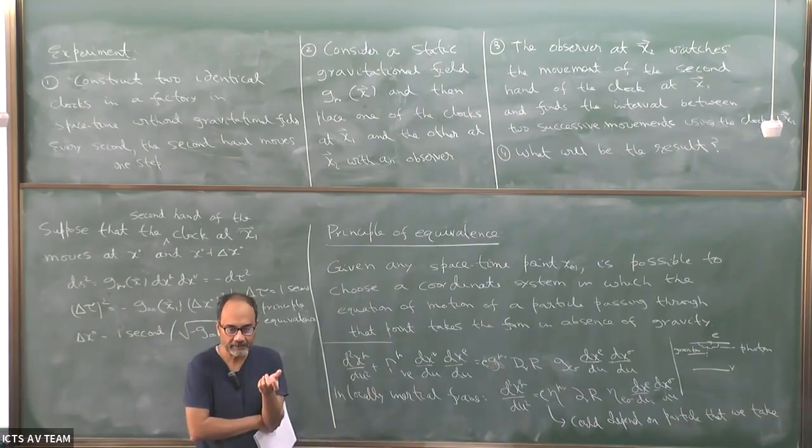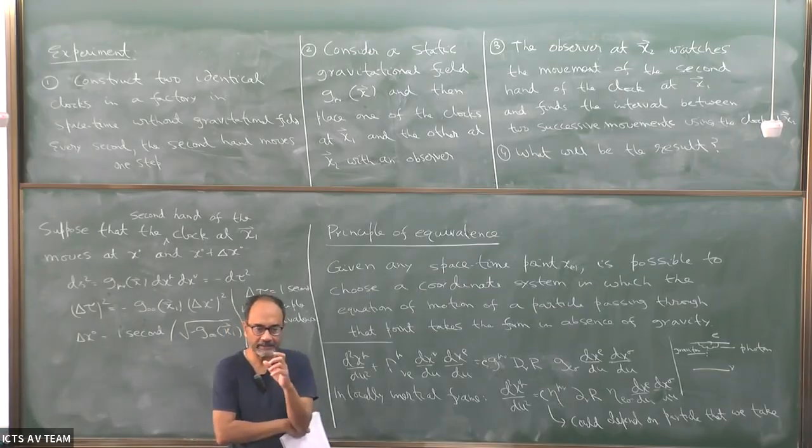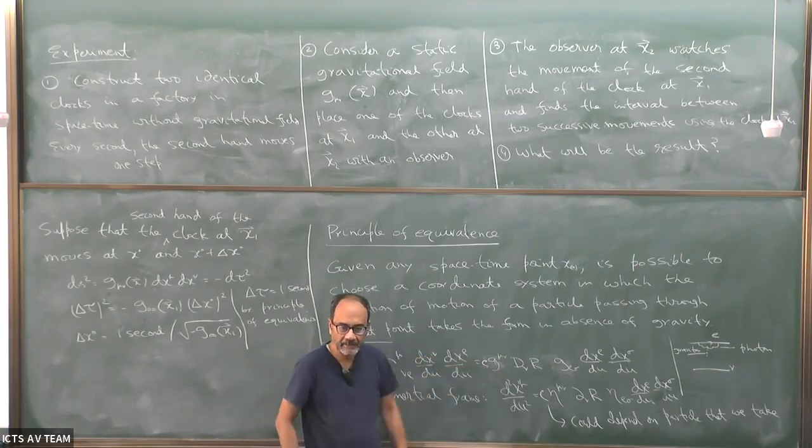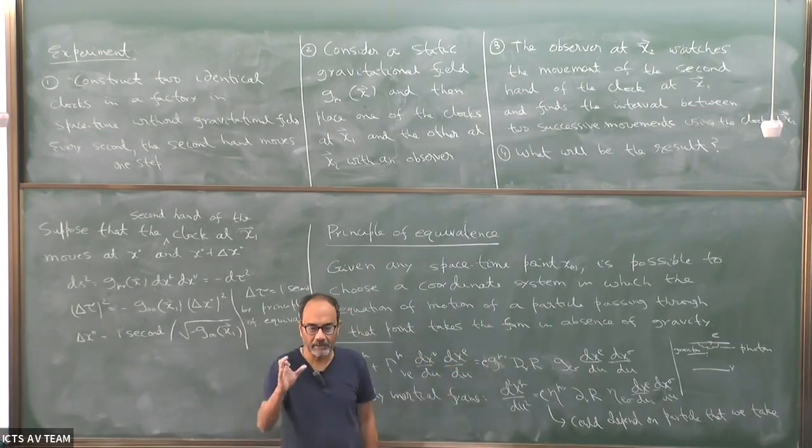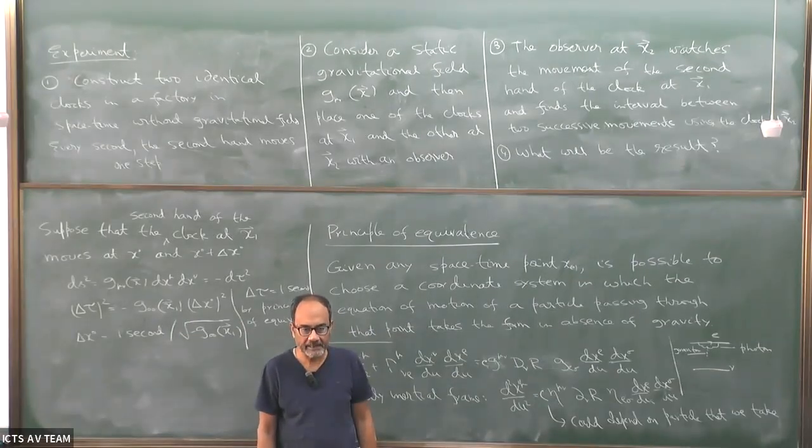Because if gravity has additional effect, maybe it's slowing down the atom. Exactly. The 1 second will not remain 1 second. Suppose the effect of these terms are so large that whatever motion was executed earlier in 1 second, now it will take 2 seconds. The second hand, suppose it moves in 2 seconds.